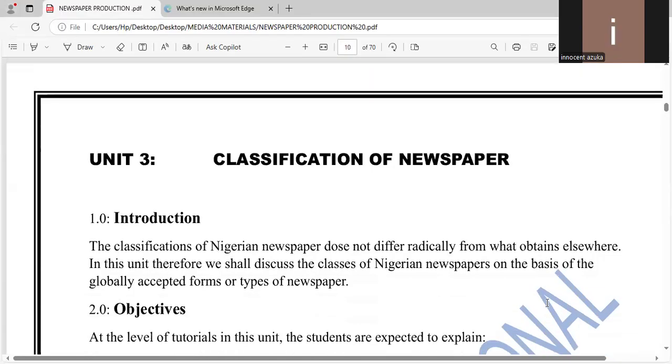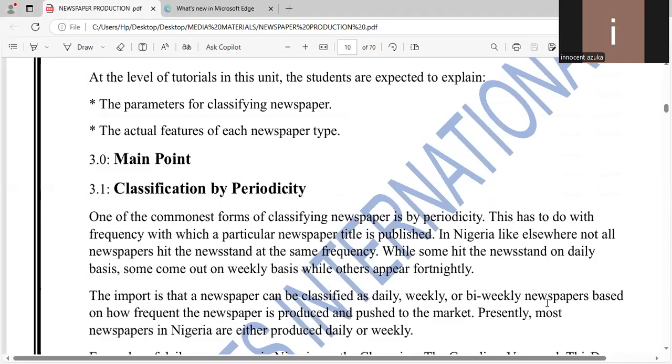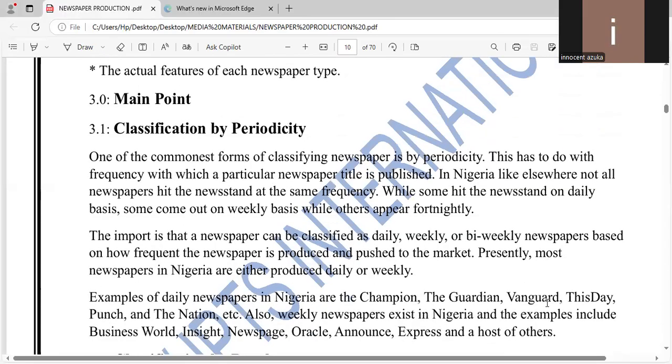Look at the classifications of newspaper. Classification by periodicity is one of the commonest forms of classifying newspaper. This has to do with the frequency with which a particular newspaper title is published.